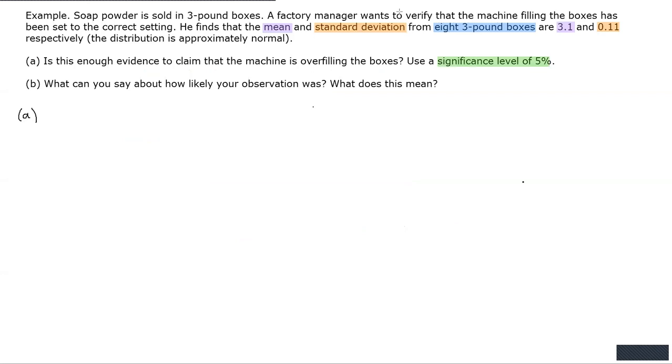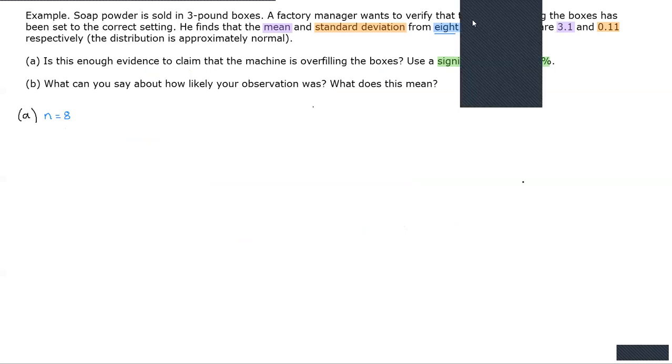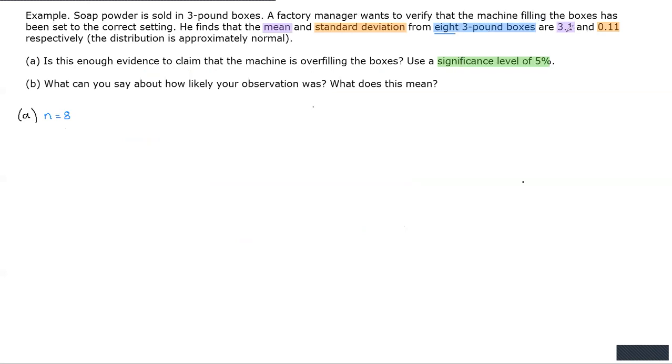So here we go. With that information, inventory. I'm going to start writing down those values. So the first thing is I have 8 over here. That 8 means that the sample size n is equal to 8. Then I have that the mean is 3.1, but the mean is 3.1 for these 8 3-pound boxes, right? So that means that X bar, my sample mean, is equal to 3.1.